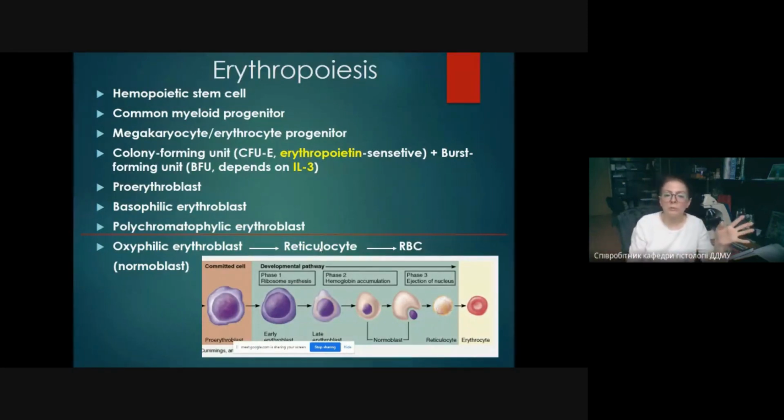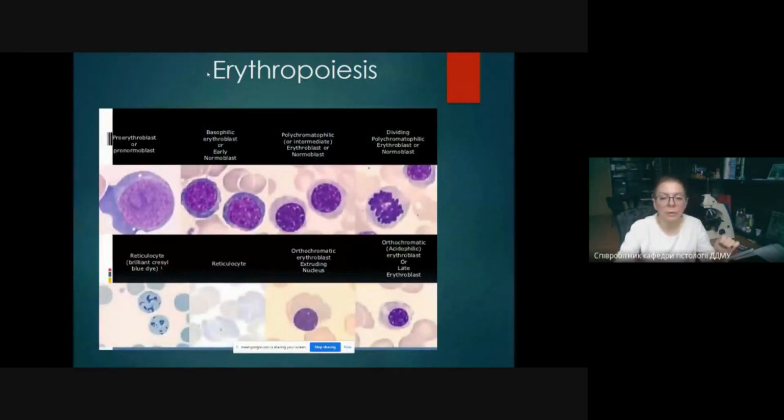Okay, so in general, we've discussed erythropoiesis with its stages. I think if you understand the logic, then it's not very difficult to remember. So here we have real images of those stages, and as you can see, the basophilic erythroblast is given here with an extremely basophilic cytoplasm. Then the polychromatophilic cell is here, and you can compare them.